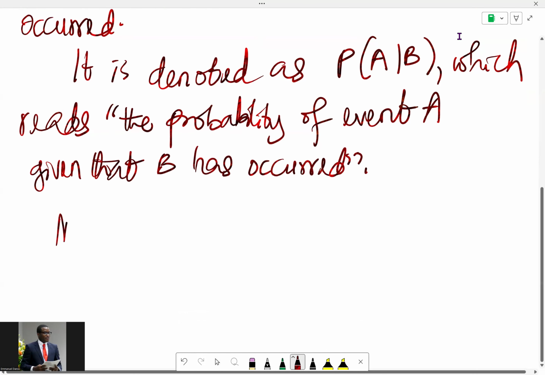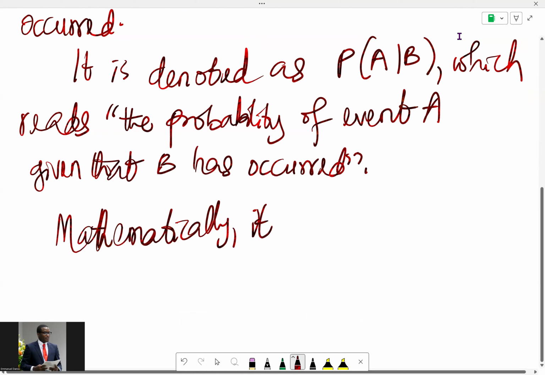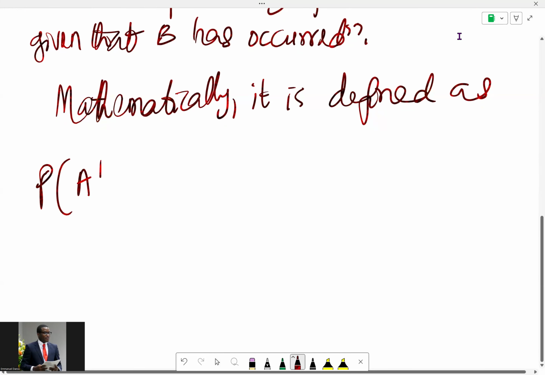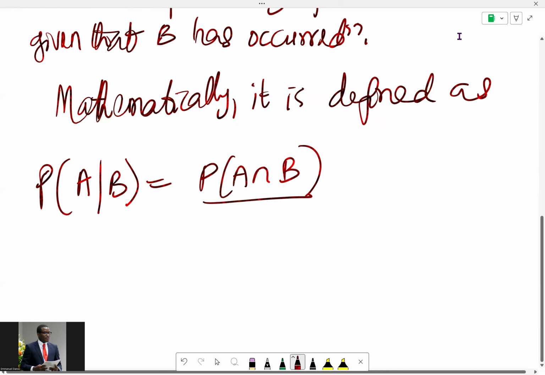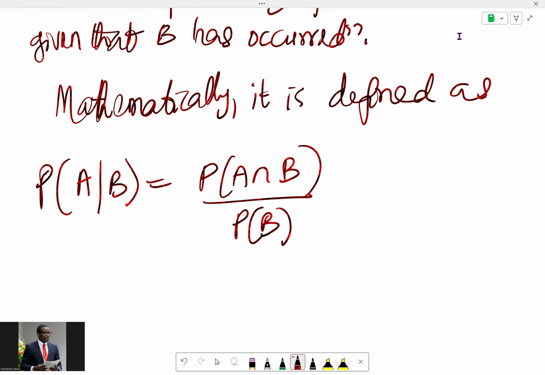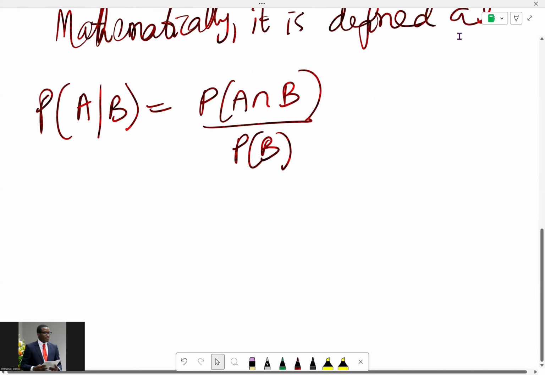All right. So mathematically, it is defined as probability A given B is equal to probability A intersection B divided by probability of B. Of course, probability A intersection B would come under multiplication rules, like we talked about in the second video on probability rules, and that can either be independent or dependent events.